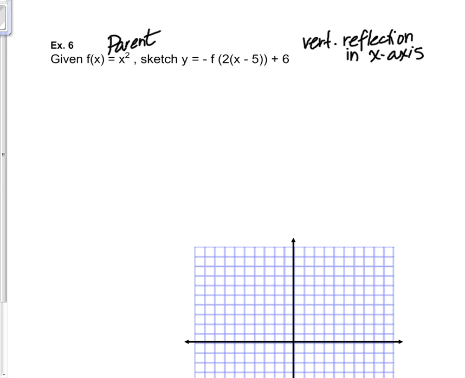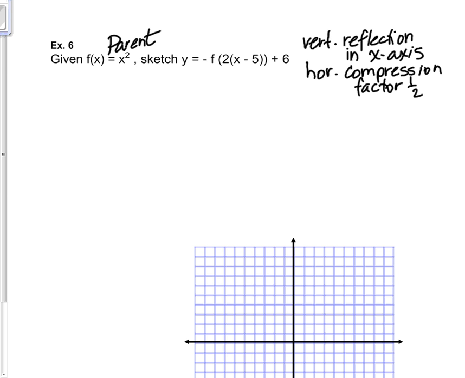The second thing that I see is a 2 within the function. So that is a horizontal change. It is a multiplication, so it is a stretch. Because it is a 2, horizontally, it's a compression, factor 1/2. Notice I've done a couple of horizontal compressions because students hate those the most, and I thought you should be watching them.